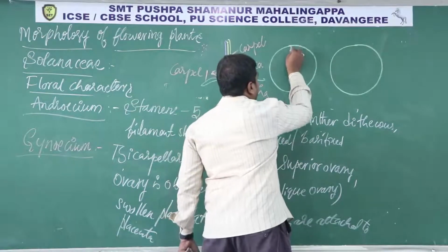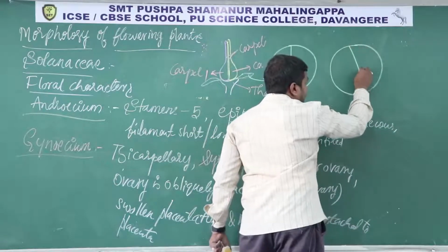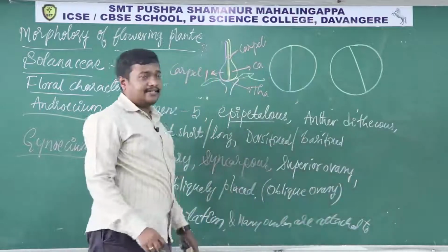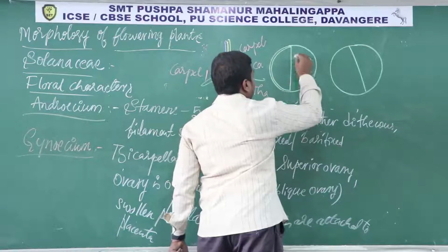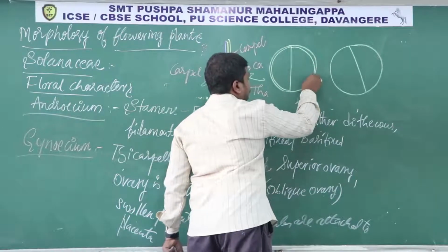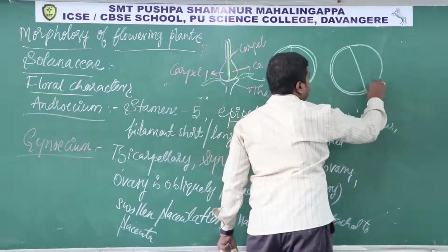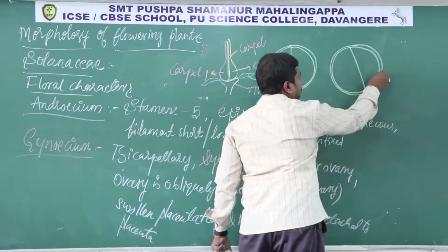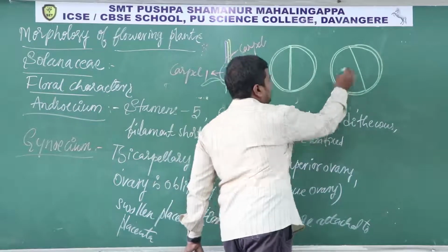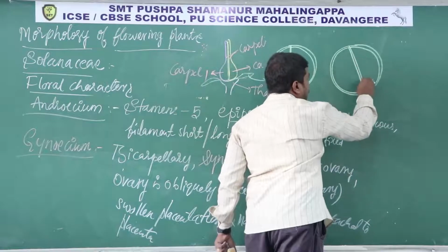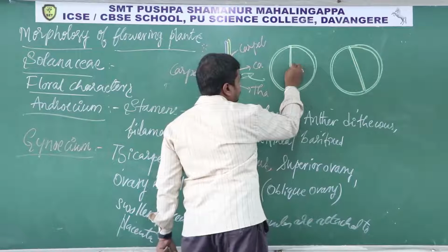So this is also bicarpellary. Since it is Solanaceae, let me write it a little oblique. So there is a difference. Okay, so it is bicarpellary, syncarpous.